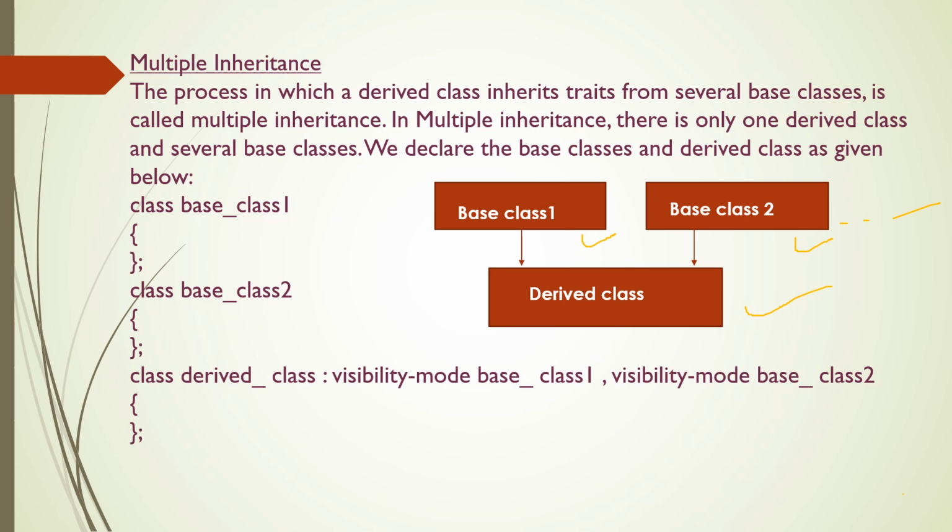There will be only one derived class and several base classes. It can have more than one, and many. So this is the concept of multiple inheritance.